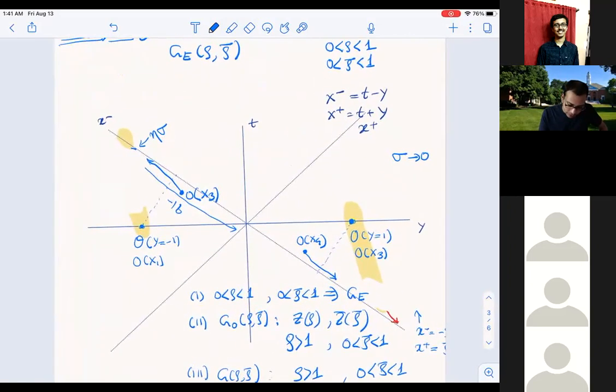Yeah. So rho equals -1 is basically, let's see. When you take rho to -1, you take this operator from here to the other side, and then it's hitting the light cone of this operator. I see. Okay.